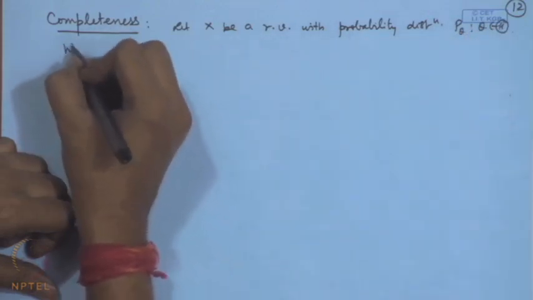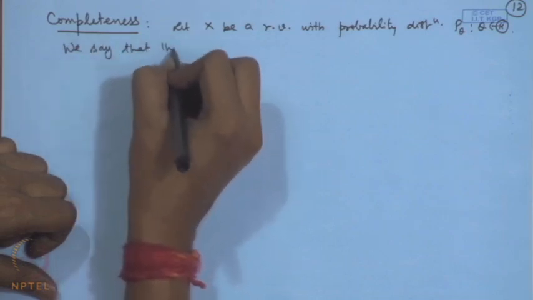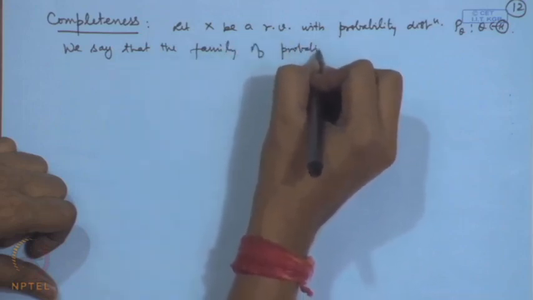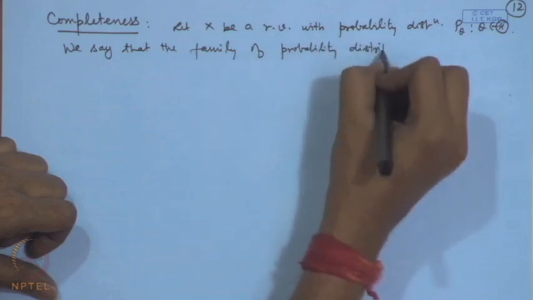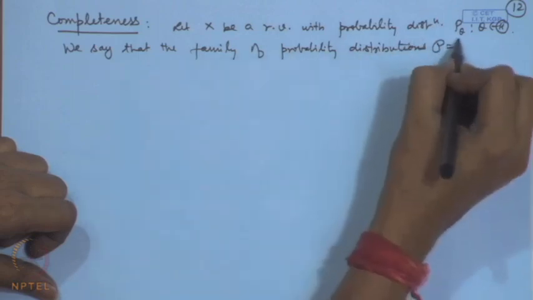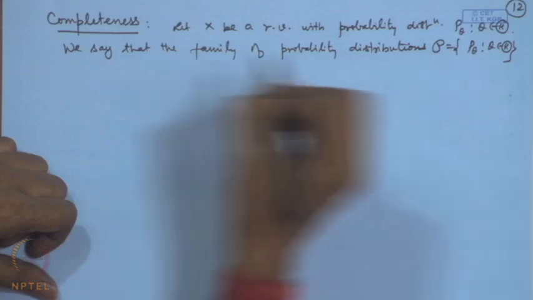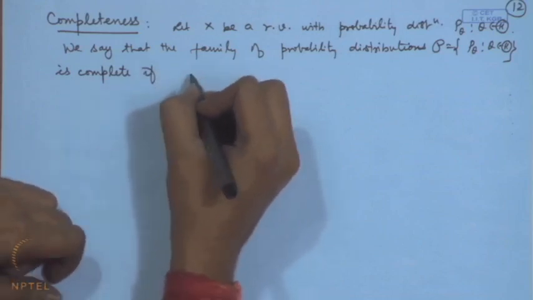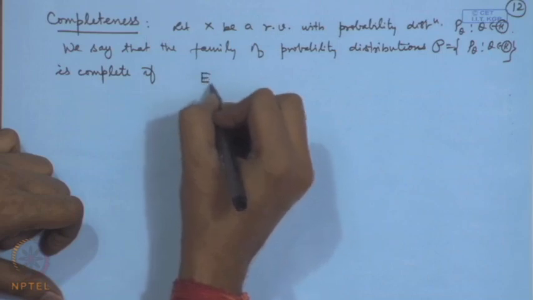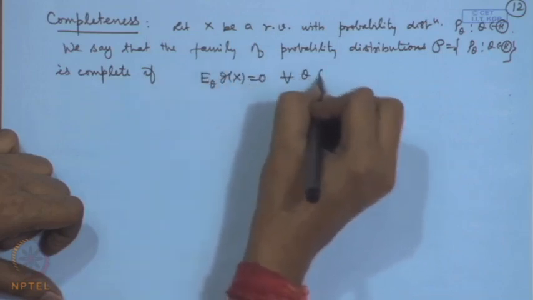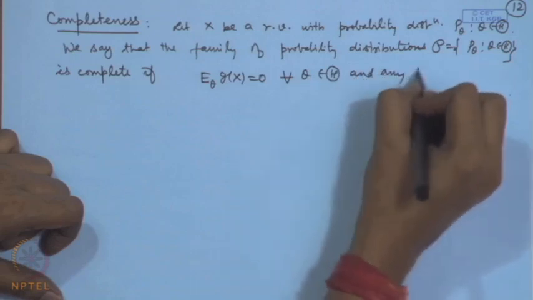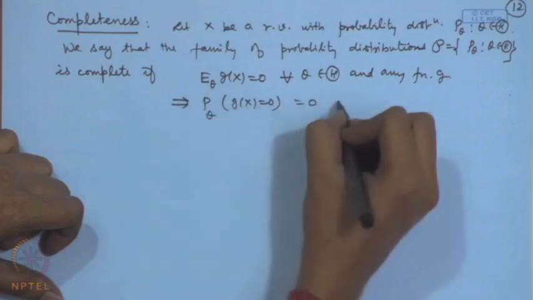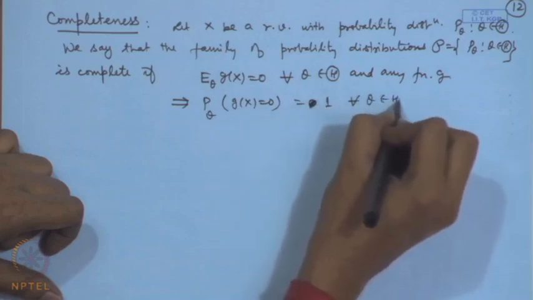So, we say that the family of probability distributions P equal to {P theta, theta belonging to Theta} is complete if expectation theta of g(X) equal to 0 for all theta belonging to Theta, and any function g, implies that the probability that g(X) is equal to 0 is 1 for all theta belonging to Theta.